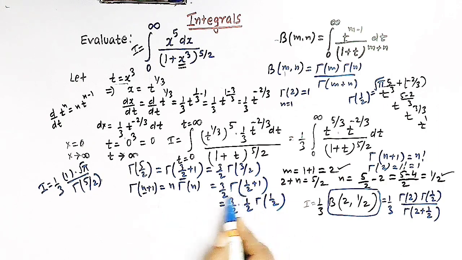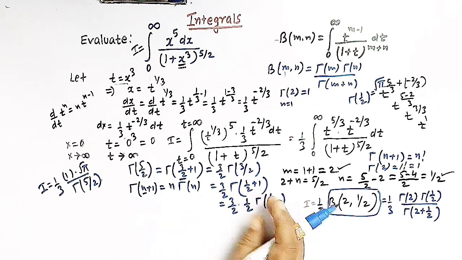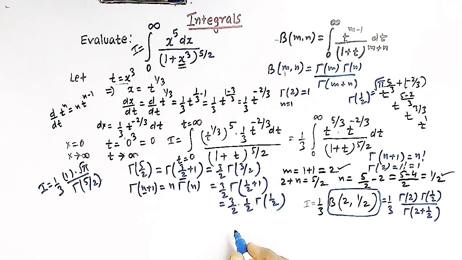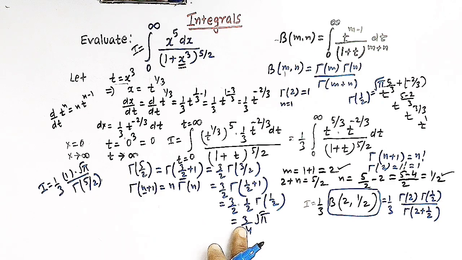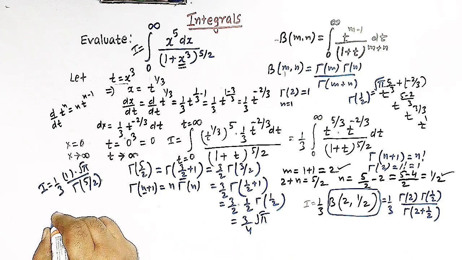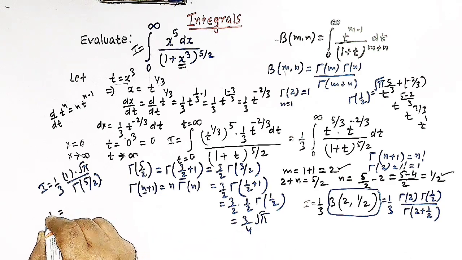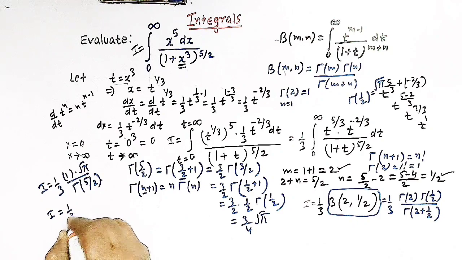So again applying this result to this expression, now we have 3 over 4 gamma half. Gamma half is square root of pi. So substituting the value of gamma 5 over 2 as 3 by 4 times square root of pi, we can now write the value of I as 1 over 3.